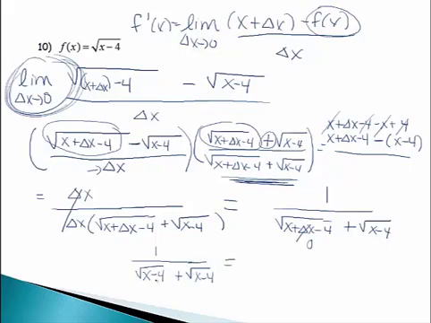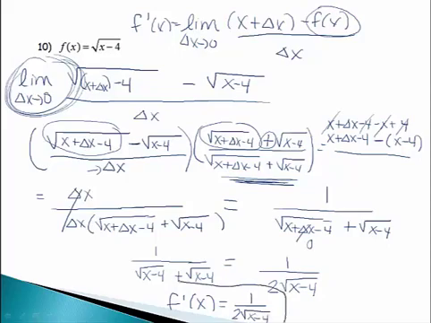Remember, these are like terms, so the square root of x minus 4 plus the square root of x minus 4 is just 2 of those. 2 times the square root of x minus 4. And so my final answer, boom, last chapter I would circle it, but what does that mean now in this chapter? We're saying that the derivative is 1 over 2 times the square root of x minus 4. Ooh, there you go.